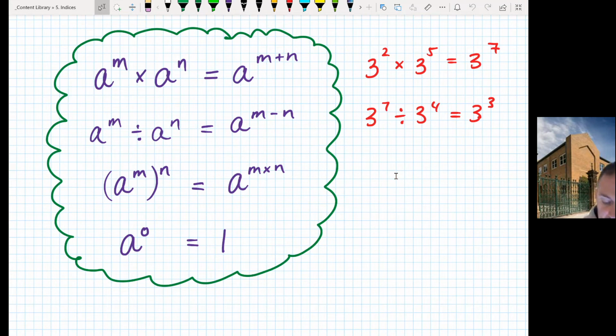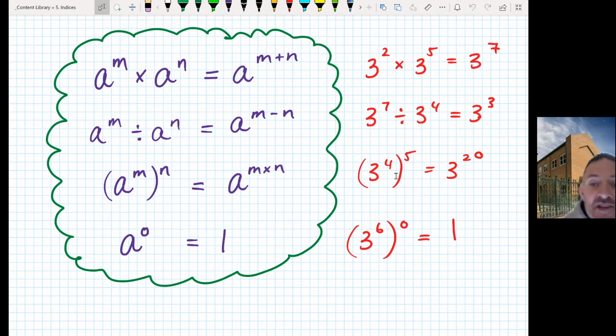If I have 3 to the power of 4 all to the power of 5, one inside, one outside, we multiply. And the very last one, if we have 3 to the power of 6 all to the power of 0, anything to the power of 0 equals 1.